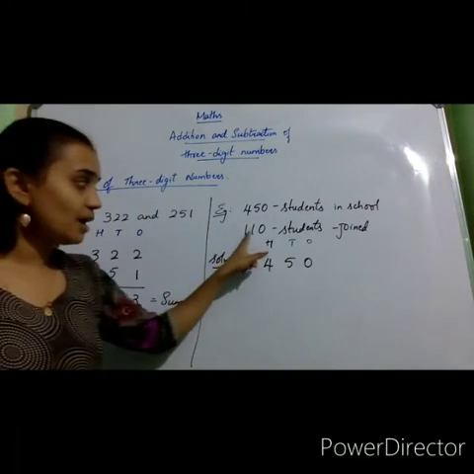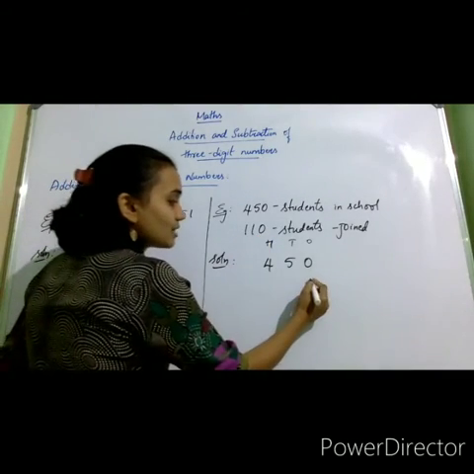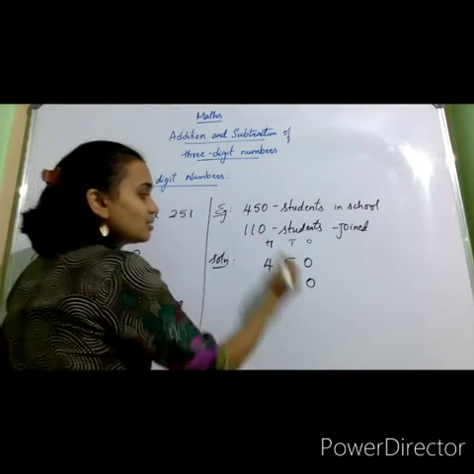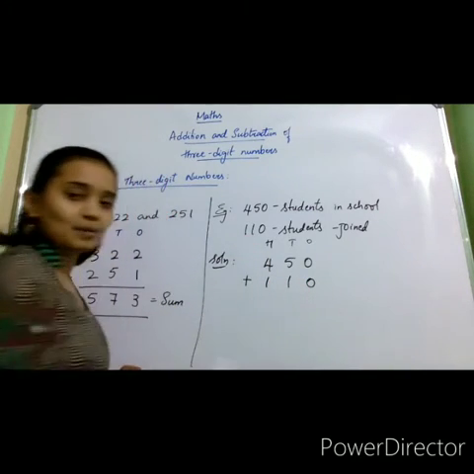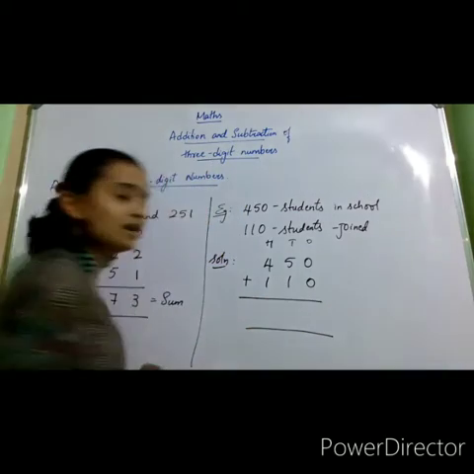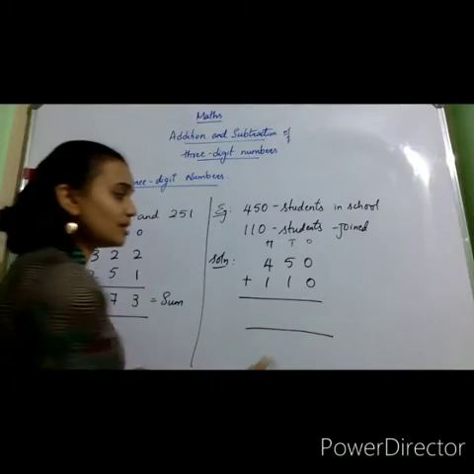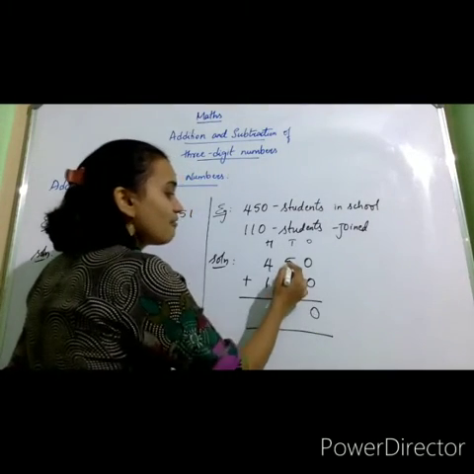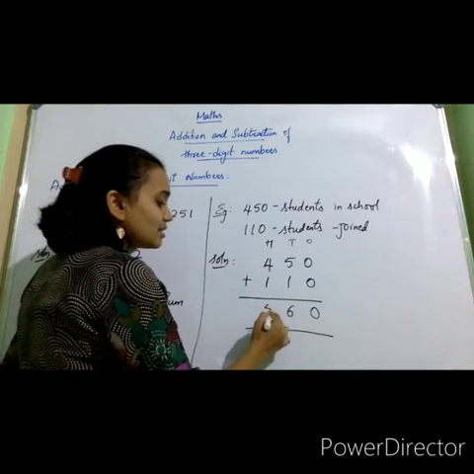We write 110 below this: 0 in ones place, this 1 in tens and this 1 in hundreds place. Since we are adding, we write a plus sign and add from the ones place. 0 plus 0 is 0 itself. 5 plus 1 is 6. 4 plus 1 is 5.